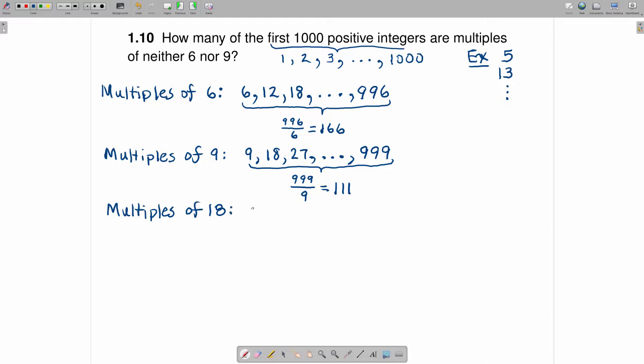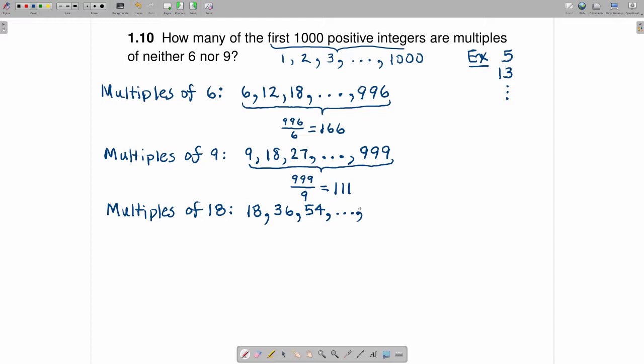And the multiples of 18 look like this. 18 is a number that shows up in both lists. 2 times 18 is 36, and 36 shows up in both lists. 4 times 18 is 72, and on it goes.